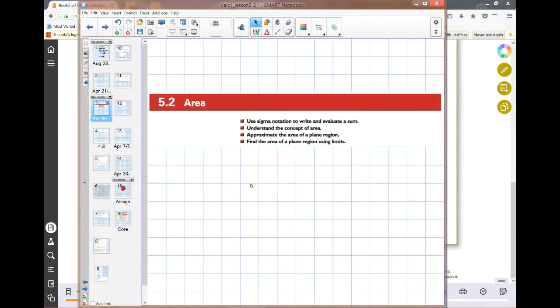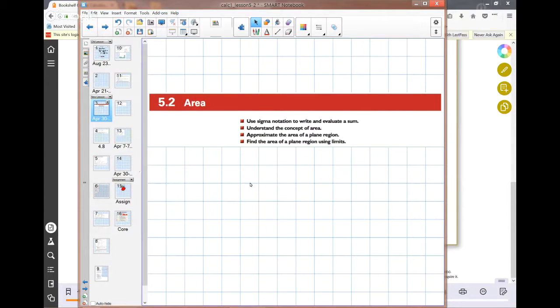So here's the second lesson. It's called area. I already clued you in on the fact that the whole idea of an integral is that eventually it allows you to find the area under any shape whatsoever between two endpoints. And hence, we need to talk about area.